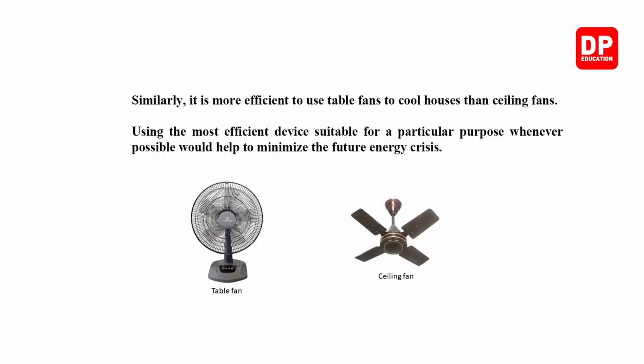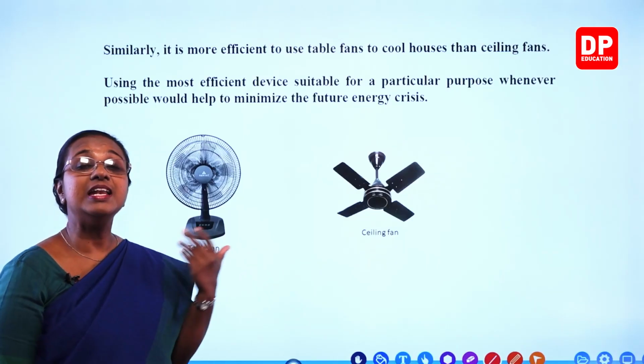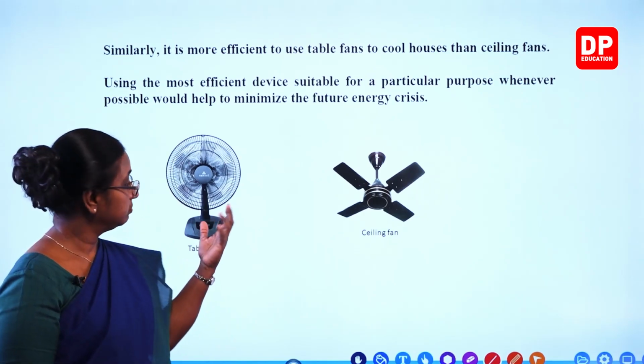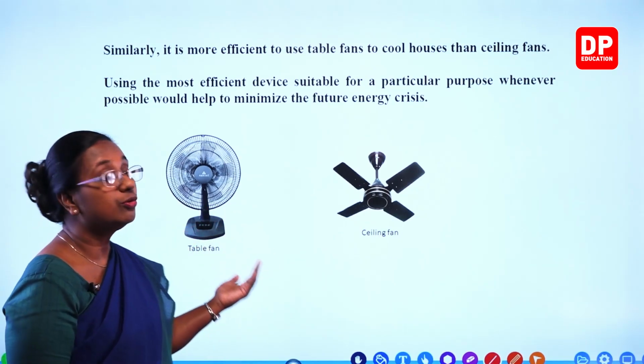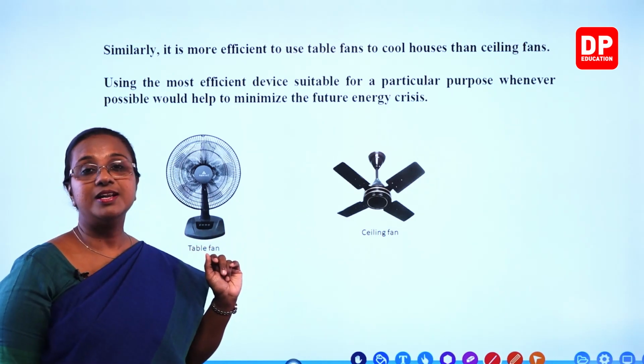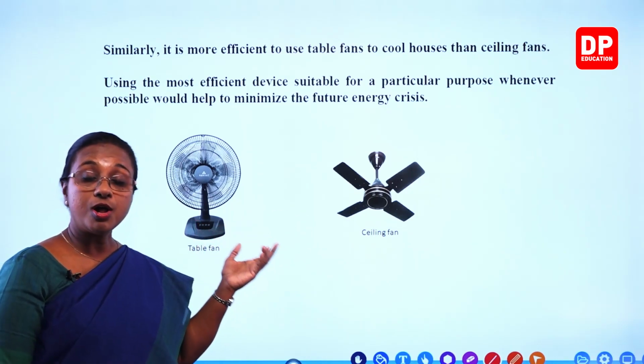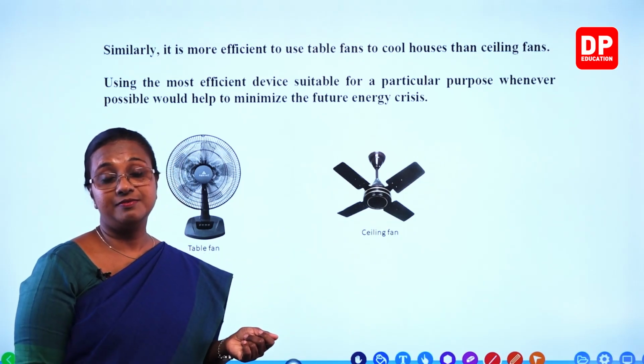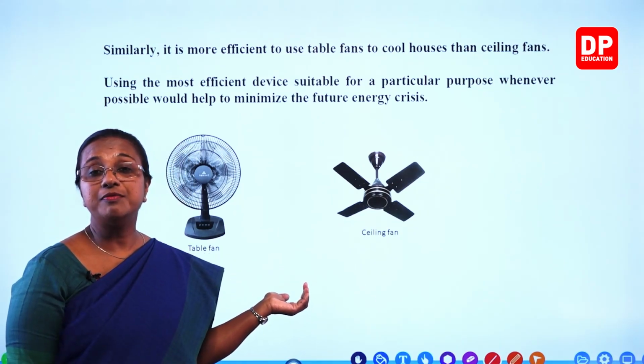Then another type of electric appliance is used to provide wind or give rise to a cooling effect. One is the table fan, the other is the ceiling fan. You are also familiar with pedestal fans, another type of fan.